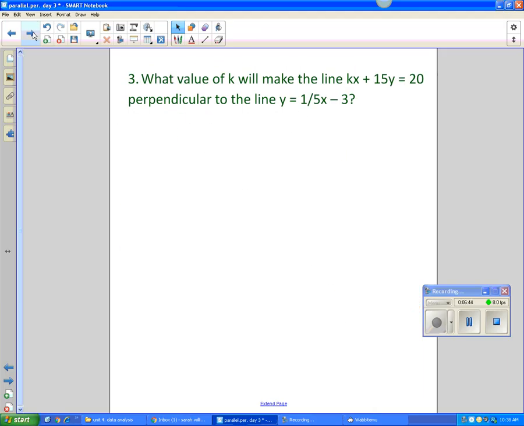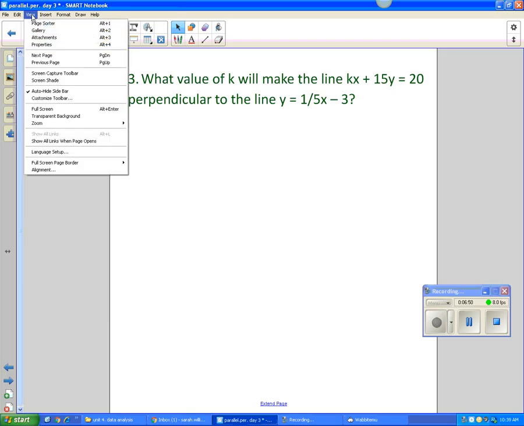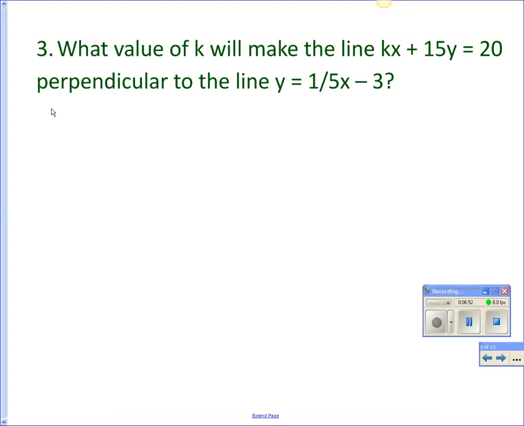All right, number 3. What value of k will make the line kx plus 15y equals 20 perpendicular to the line y equals 1/5 x minus 3? Okay? Elizabeth, tell me something helpful to do. Good. Caitlin, what does perpendicular mean? Good. Destiny, which one of those is the slope? 1/5 x or the 3?